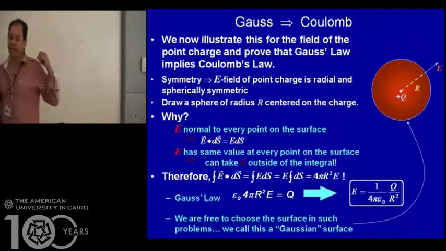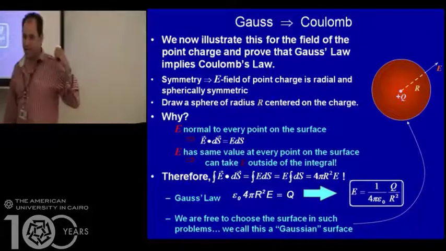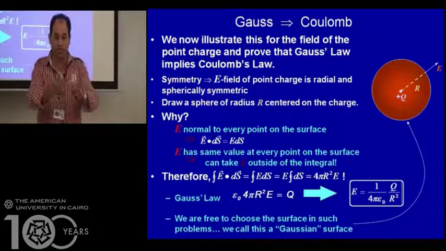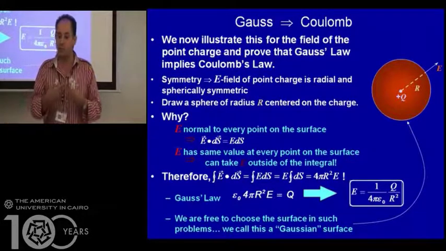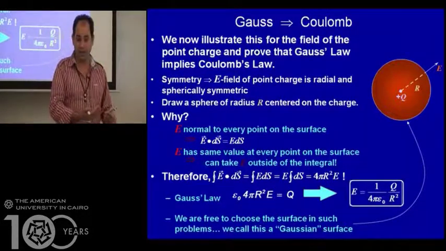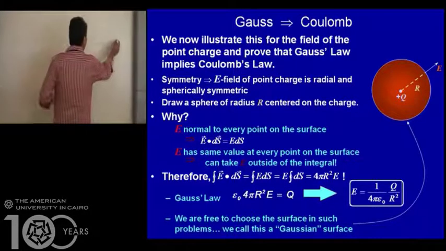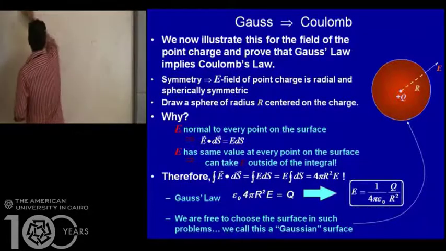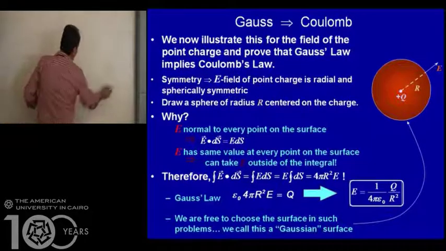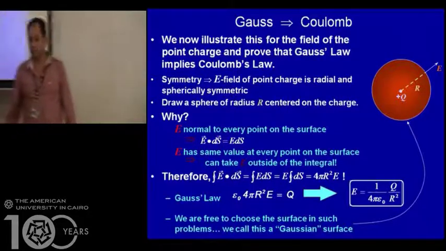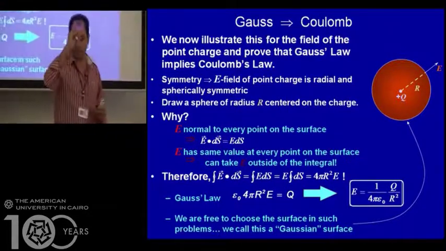Now we have spherical symmetry, and it makes sense that we choose Gauss's surface to be a sphere as well. Since the charge is on a sphere, our Gauss's surface has to have the same symmetry. So I'm going to draw a sphere. That's a virtual sphere, and that sphere is our Gauss's surface. This is step number 1.